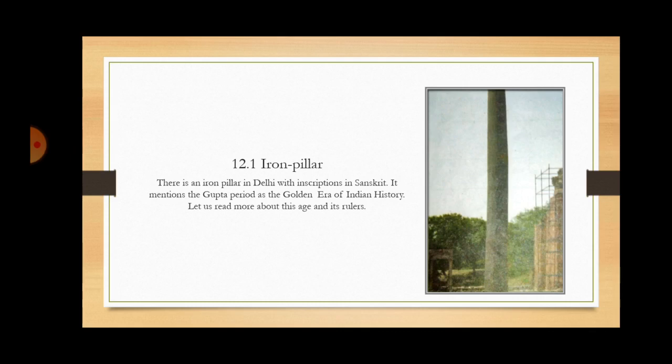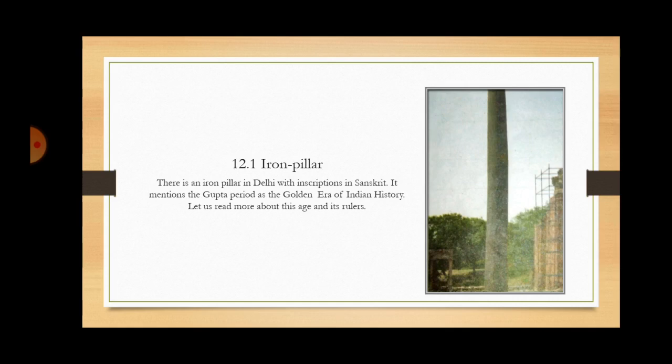He married the Lichchhavi princess Kumaradevi and gained in prestige. He further extended his empire by conquering the neighboring states like Prayag, that is present Allahabad, and Saket, that is present Ayodhya. He assumed the title of Maharajadhiraja, that means King of Kings. He was succeeded by his son Samudragupta.